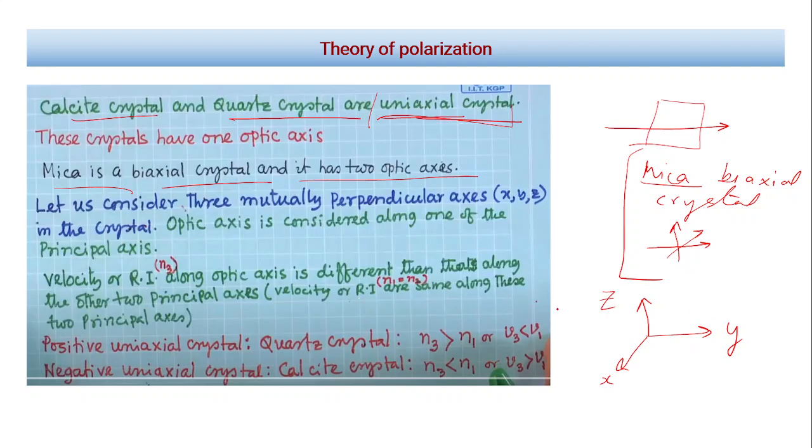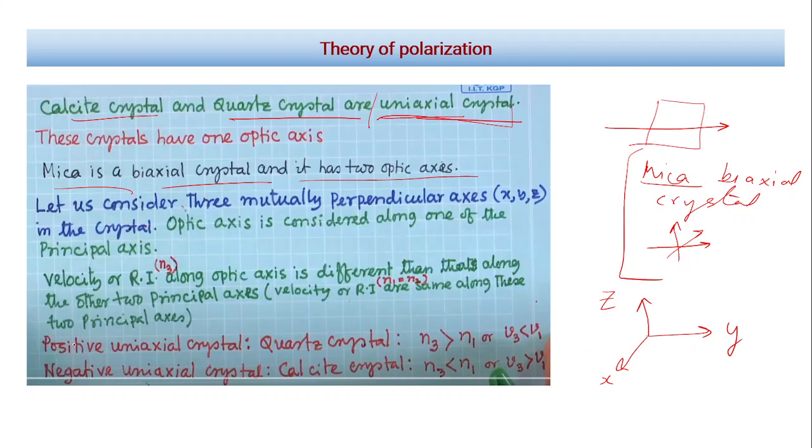So if we take the optic axis as z, then the velocity or refractive index along z, the optic axis, is different from that along the two other principal axes.